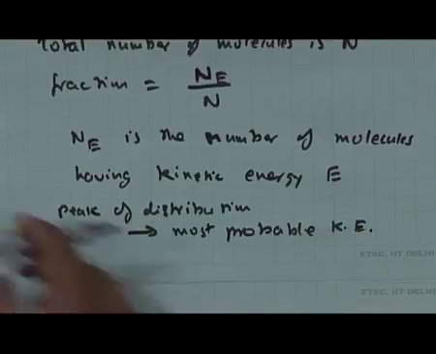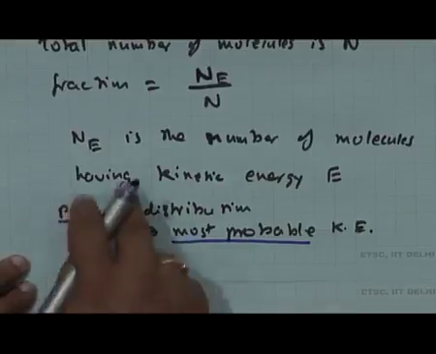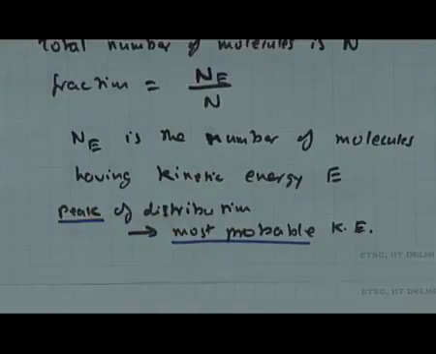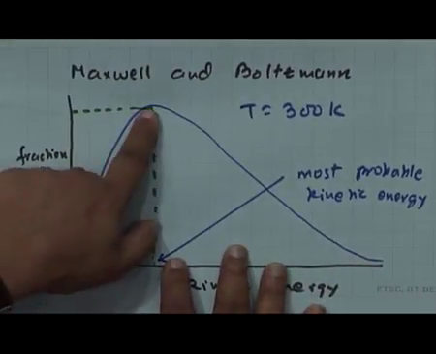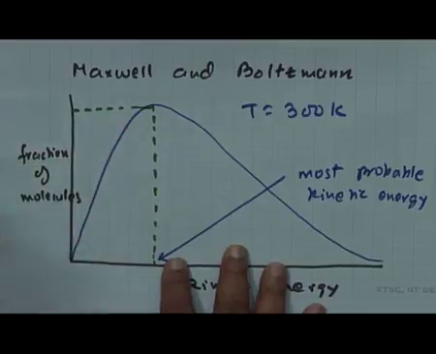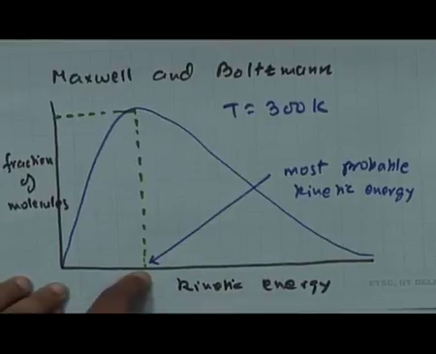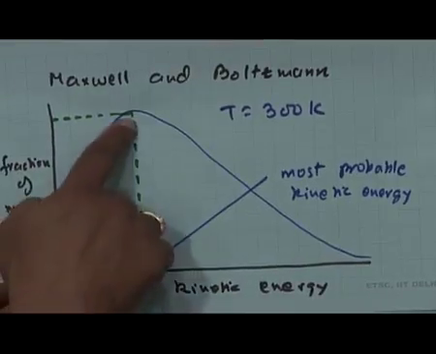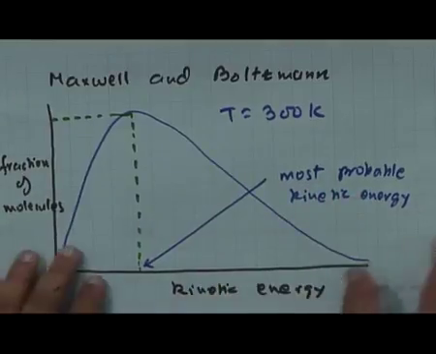So, the peak of the distribution corresponds to the most probable kinetic energy, and this is Ne, the number of molecules having certain kinetic energy E. If you think about the fraction Ne by n, it tells you that at this point I have the maximum fraction, that means I have the maximum number of molecules giving me this value of kinetic energy, and hence that kinetic energy being read off from the x axis corresponding to this fraction is called the most probable kinetic energy, as simple as that.